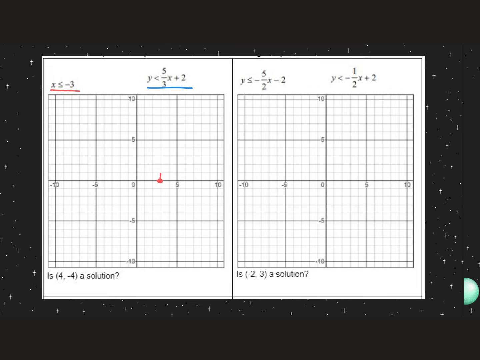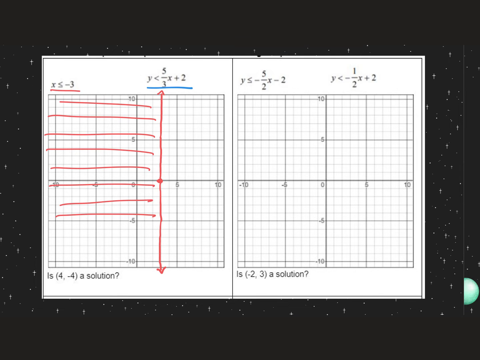Since x is less than or equal to negative 3, I'm going to shade to the left because those values on my x-axis are less than negative 3. Now let's plot my second inequality. My y-intercept is positive 2, and I'm going to go up 5 and to the right 3.